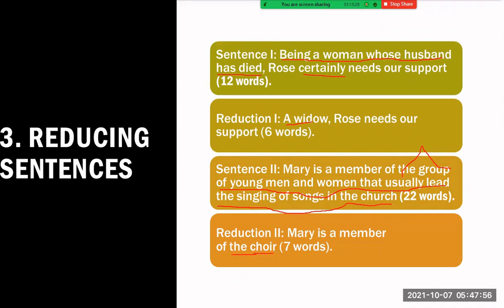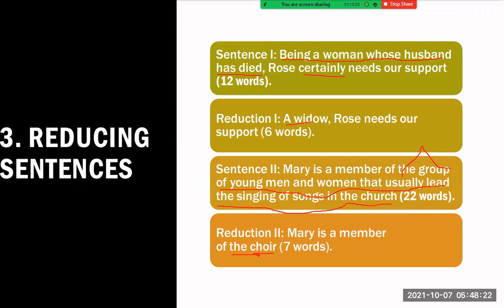All right. The choir, or a choir, is a group of young men and women. Usually it could be just only men, it could be just only women, but we know it's a group of people that sing songs. All right. A group of singers in the church is always referred to as the choir.